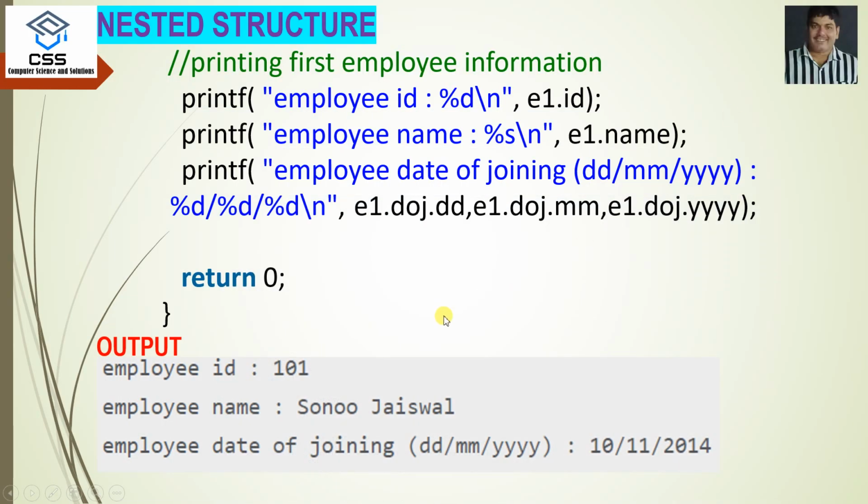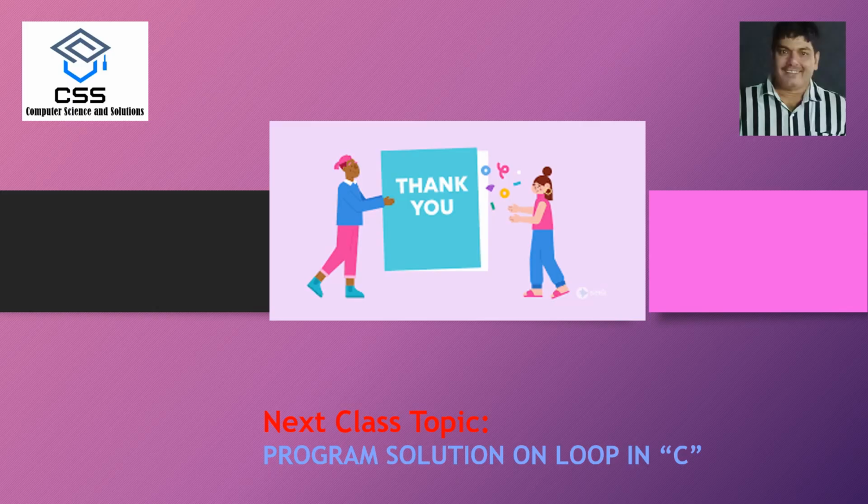In this way, we ran nested structure by taking two syntaxes and two examples. I think it is understandable to you. This is the completion of the entire structure topic, which includes structure, array of structure, nested structure.